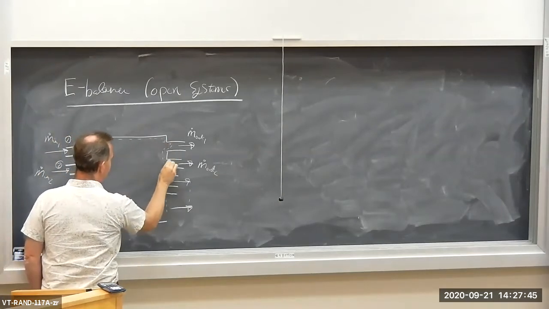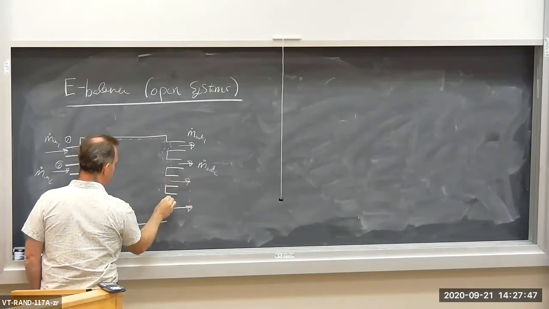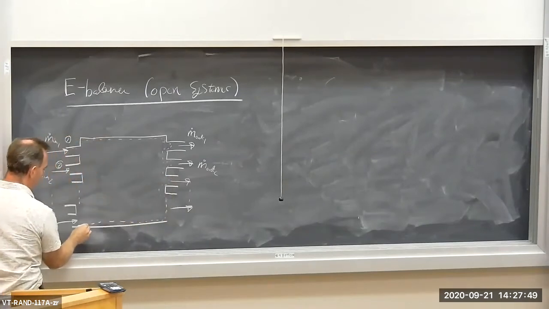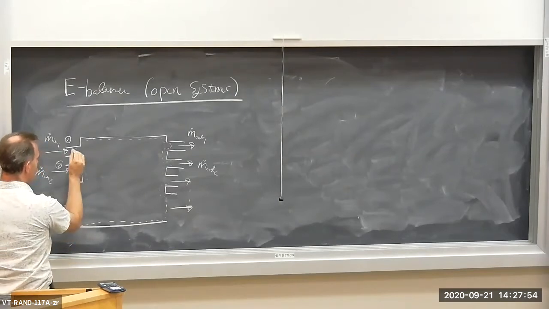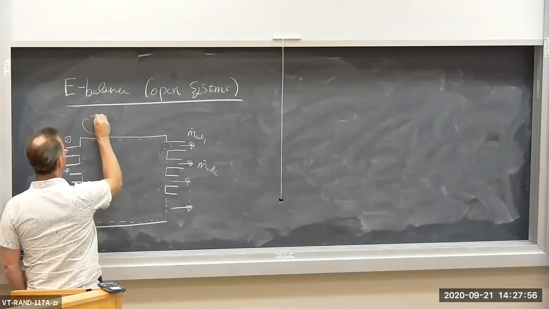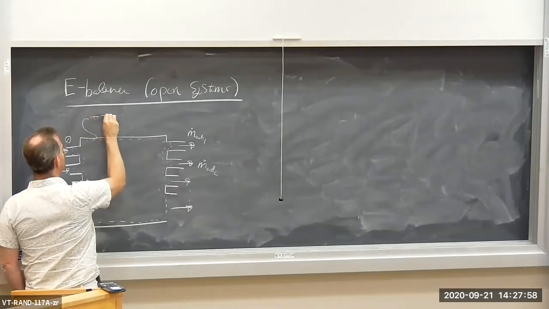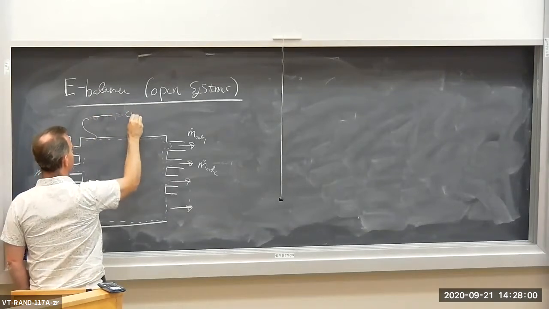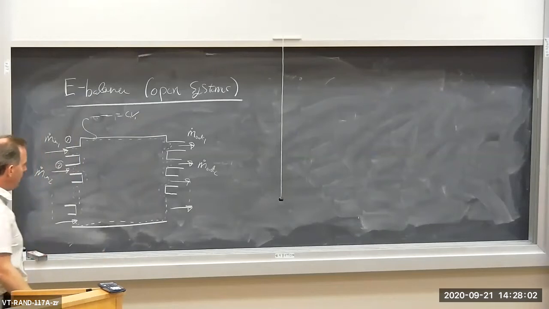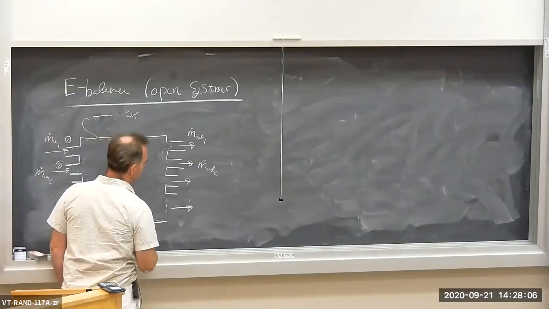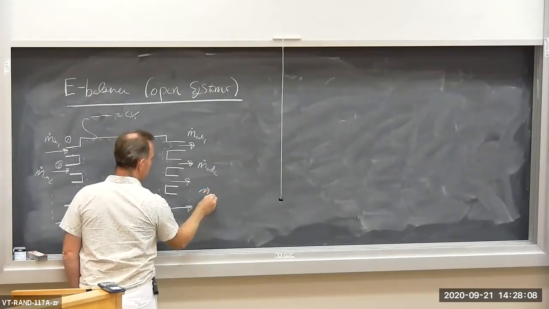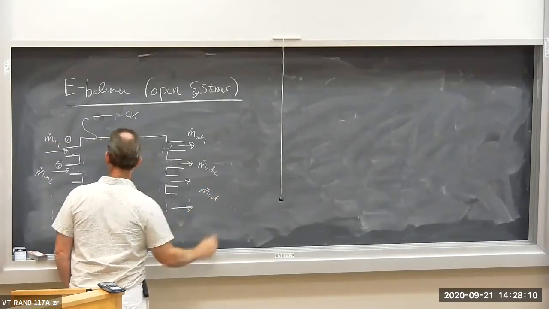We have mass crossing the system boundary at various locations. So that is my control volume, or my system. We have all these inlet flows and all these outlet flows.